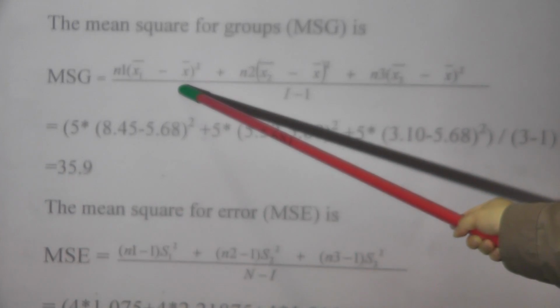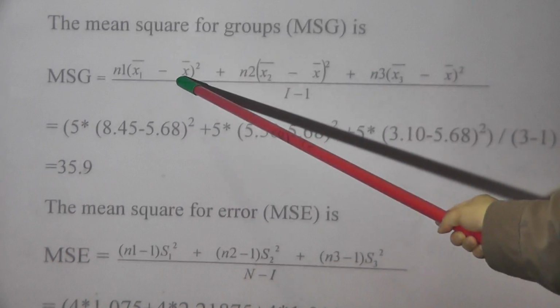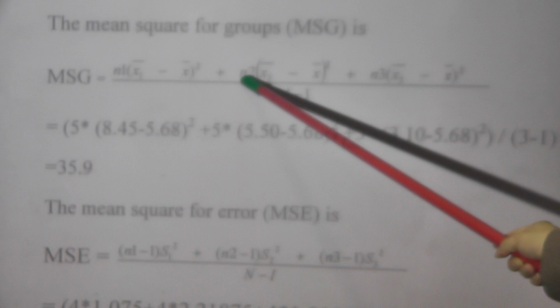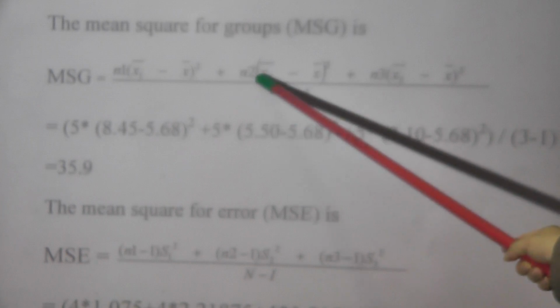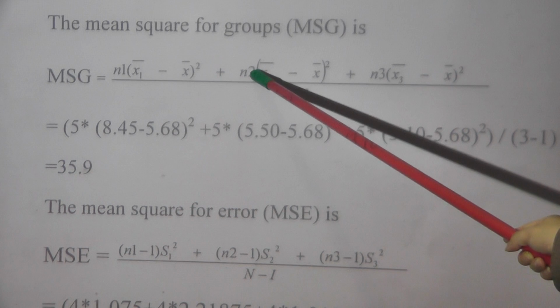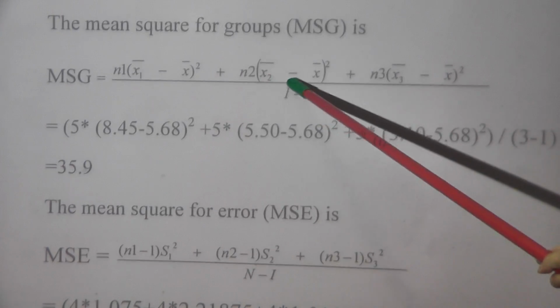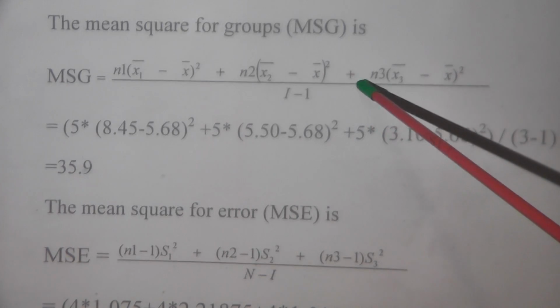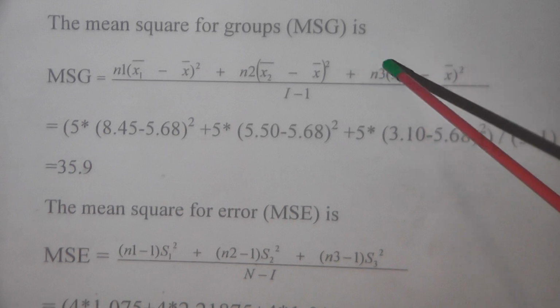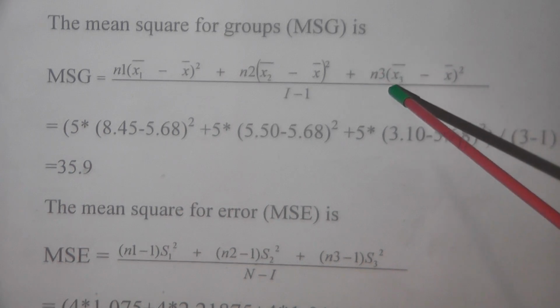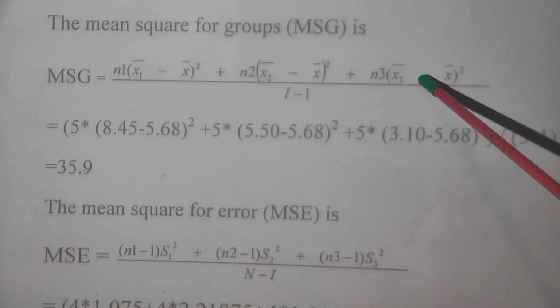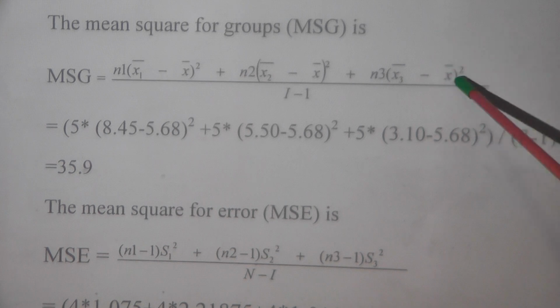We just found the overall mean is 5.68, the mean of the 3 groups. Square, plus N2, the sample size of the second group, times the second group mean minus the overall mean, squared, plus the sample size of the third group times the third group sample mean minus X bar, the overall mean, squared.